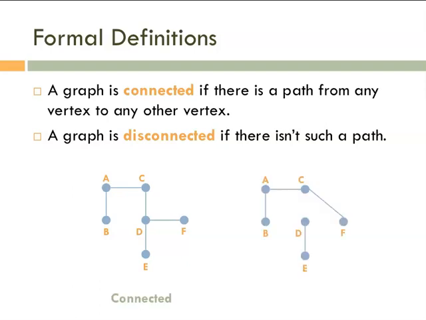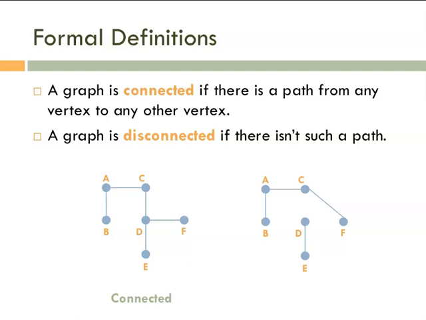On the other hand, in this particular one, we would say this graph is disconnected because we can't get from B to E, right? Whereas there was a way to get from B to E in the other graph. And hopefully you can see pretty clearly that these are disconnected.